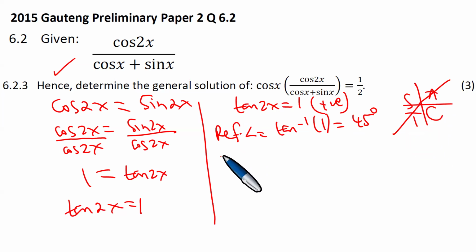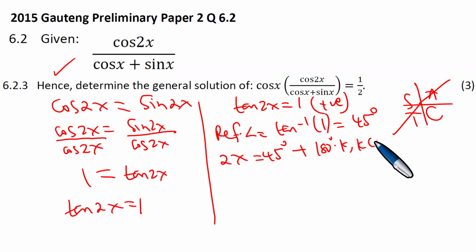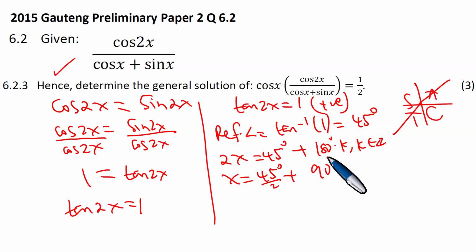And that means you'd have 2x is equal to 45 degrees plus the period of the tangent, which is 180 degrees by k, k in the integers. And we divide through by 2. And if we do, we get 45 degrees over 2, 90 degrees by k in the integers.